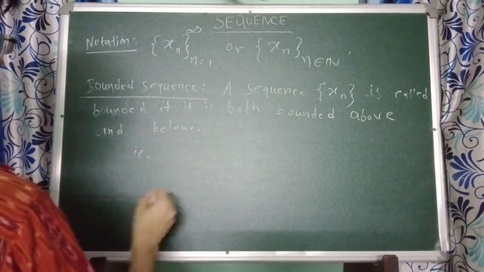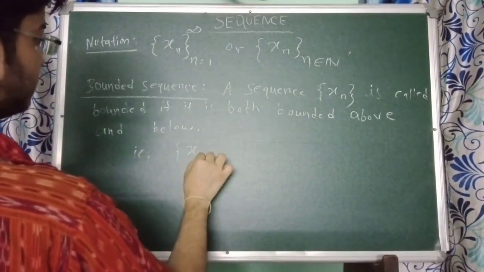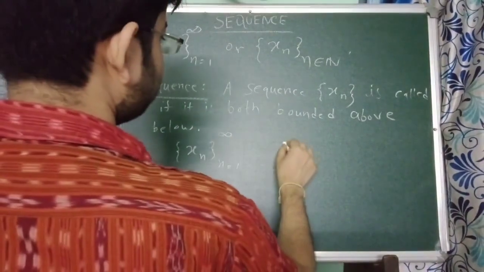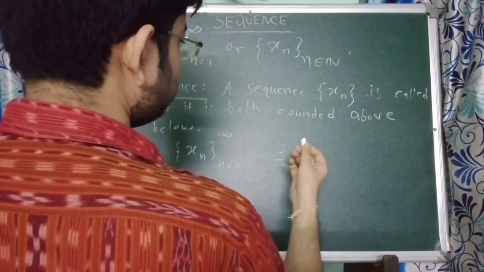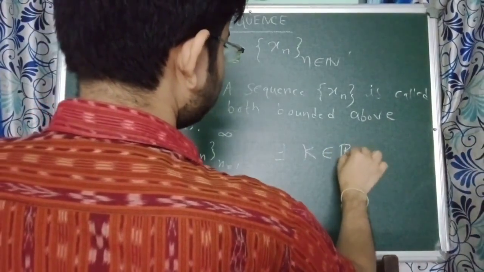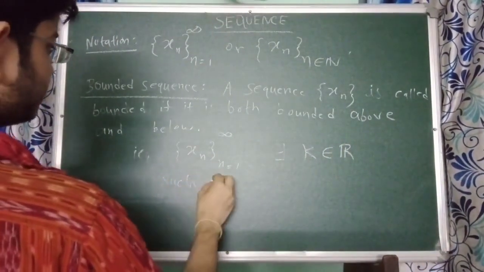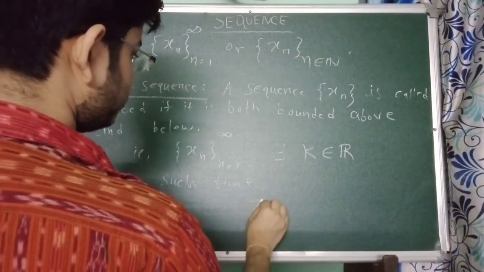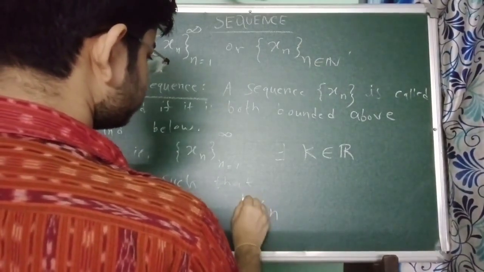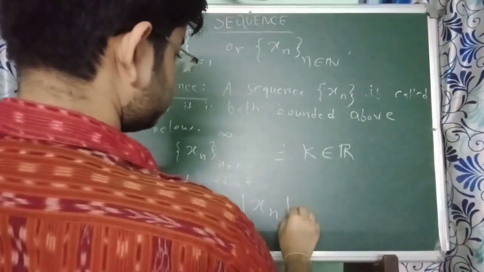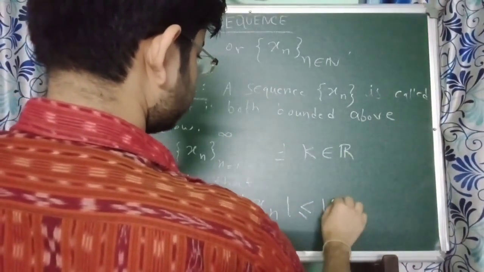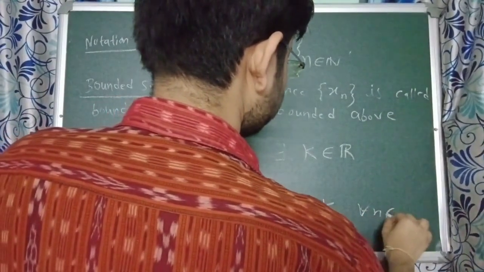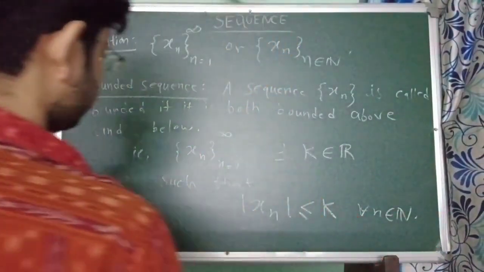That is, for any sequence xn, n equals 1 to infinity, there exists k, which is a real number, such that any term of the sequence, that is the modulus of xn, is less than or equal to k for all n belonging to the natural numbers.